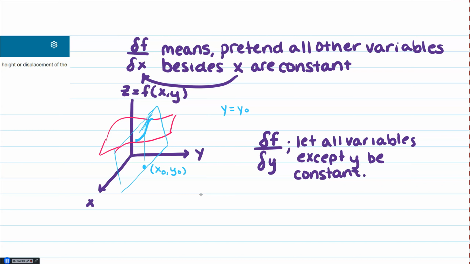This is a little bit different than when you're in Calc 1 and you've got an equation that we can't make into a function, and we'll use implicit differentiation. This is different than implicit differentiation because here we're not saying y is changing, we're saying let's fix y, or in this case, let's fix x.